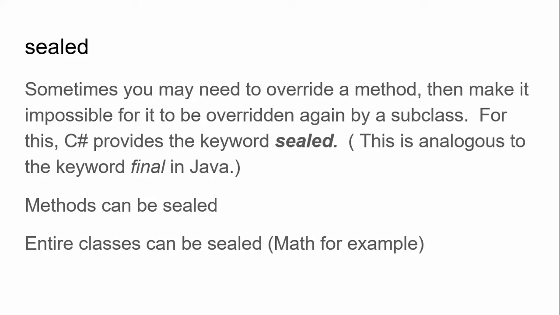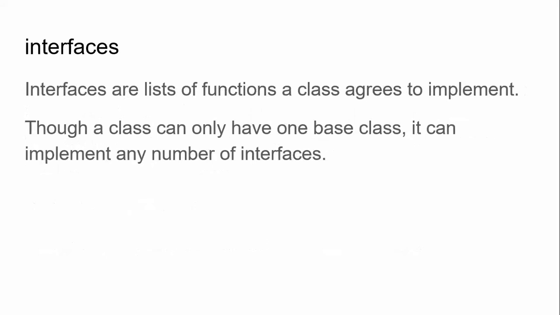These things are good, they're tested, they're done. Now we're sealing this thing, so no one can come along and redefine what the square root function does. That just doesn't make any sense. If you look at the math class, you'll see that it is sealed. You cannot inherit the math class, add new stuff to it, or redefine any existing stuff in it. So that's what sealed means.